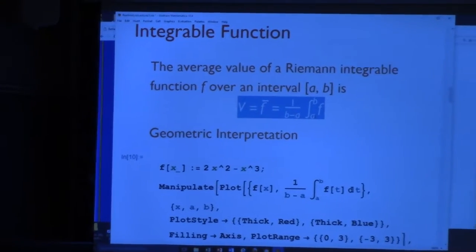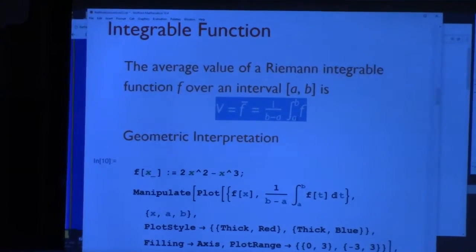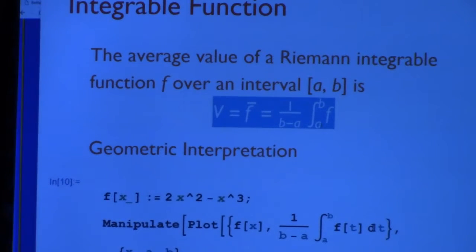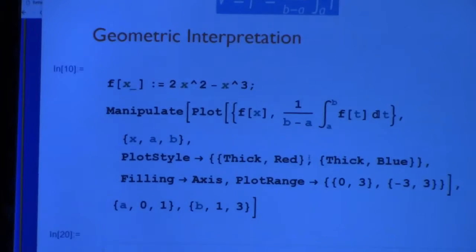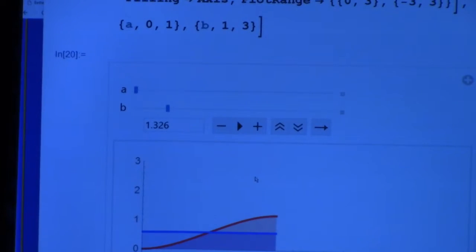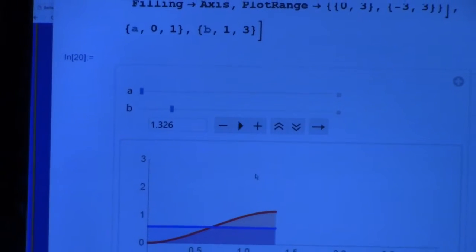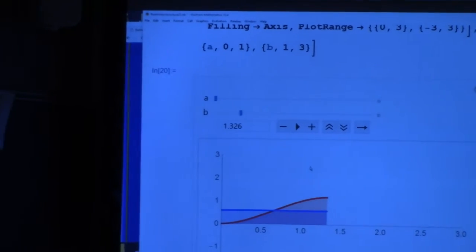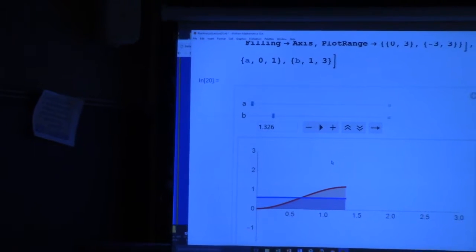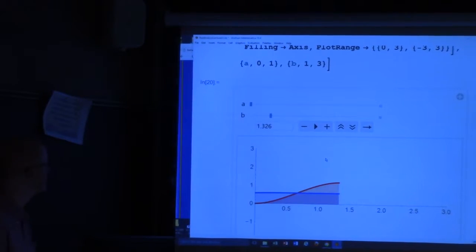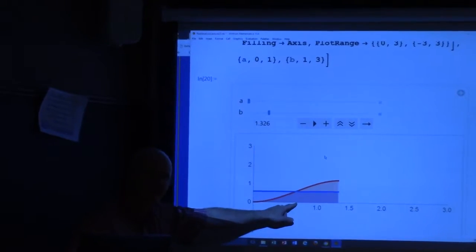There is a c where the height of the graph is the same as the height of the rectangle whose area is the same as the area under the curve. The red graph does cross the blue graph. C in this picture would be right about there.